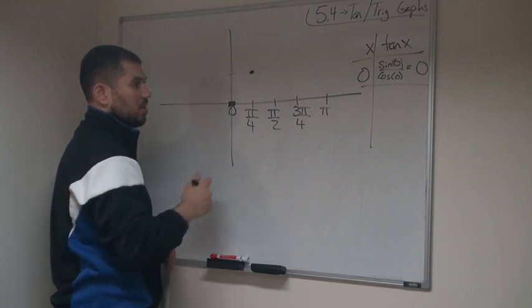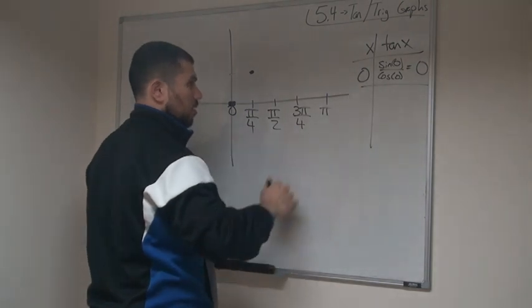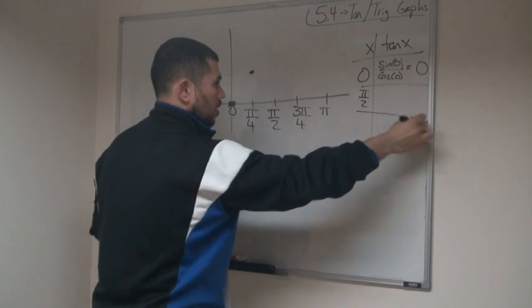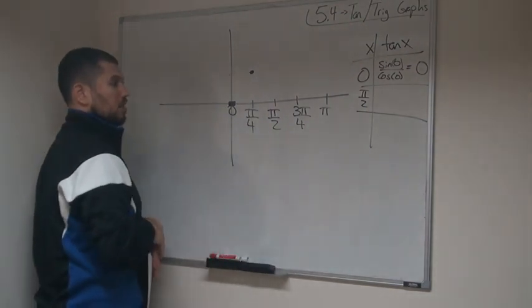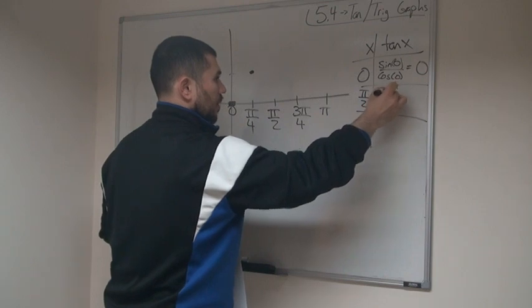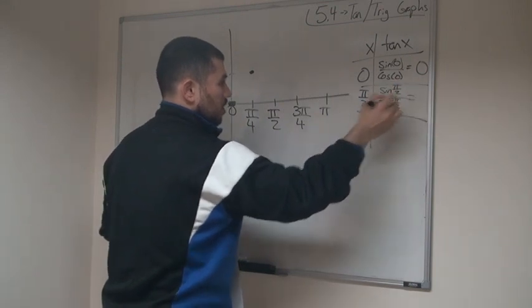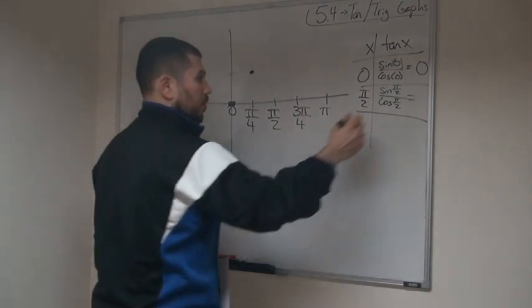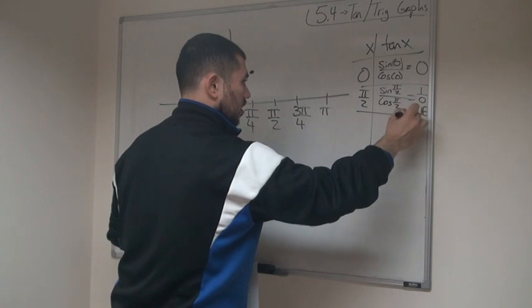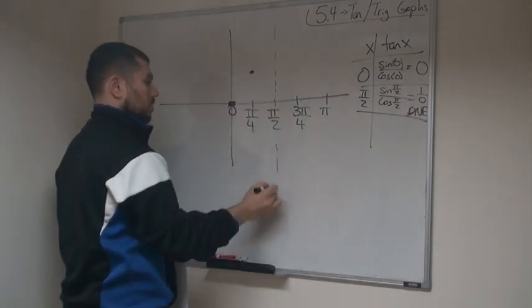At 90 degrees, or pi over 2 radians, the sine of pi over 2 over the cosine of pi over 2, using our unit circle, would be 1 over 0, which does not exist. So here I got a vertical asymptote.